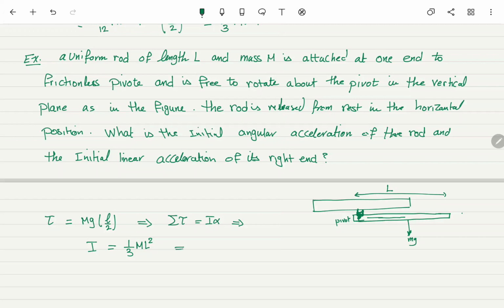Now alpha equals the net torque over I. In other words, mg L over 2 divided by 1/3 m l square, or 3g divided by 2L, and this is the angular acceleration.